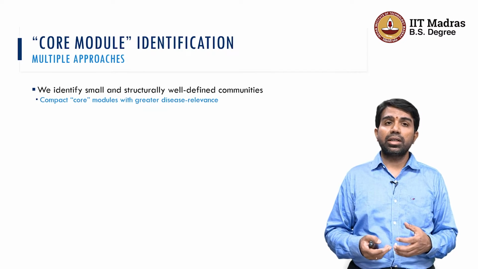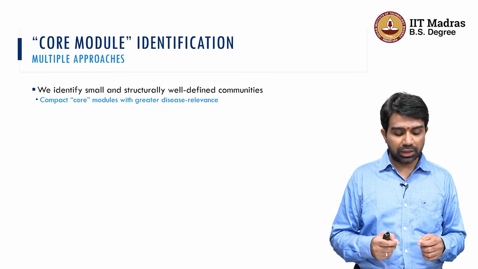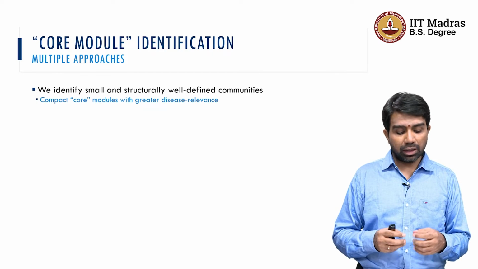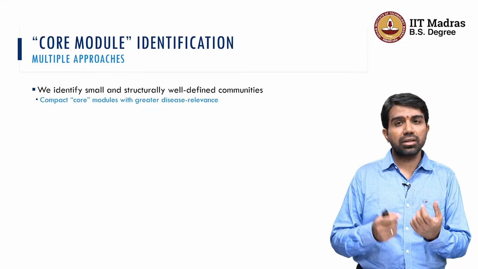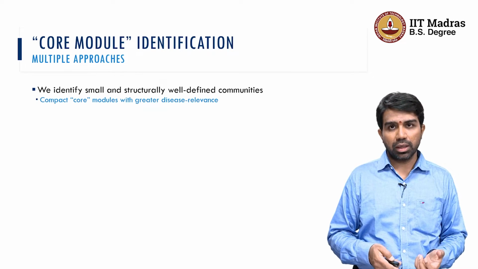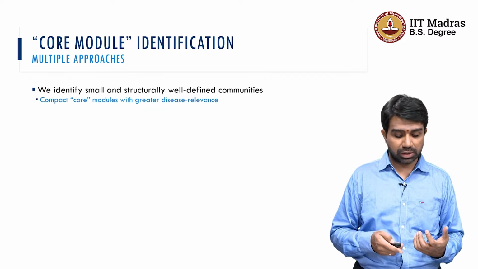We then went ahead to identify core modules using multiple approaches. The idea was to identify small and structurally well defined communities, and these are more compact than what a normal community detection algorithm gives. Our hope was that this would be more disease relevant.